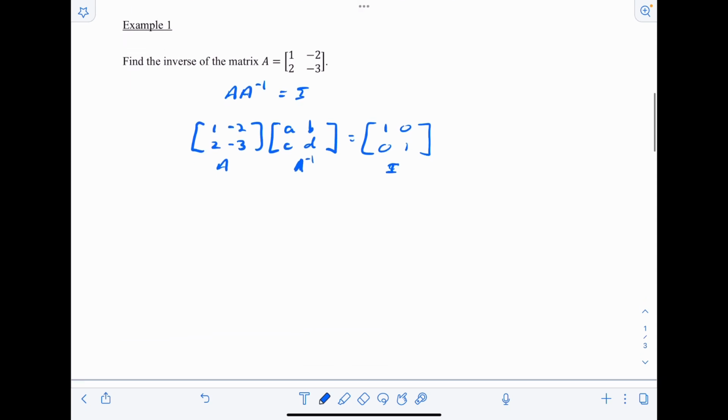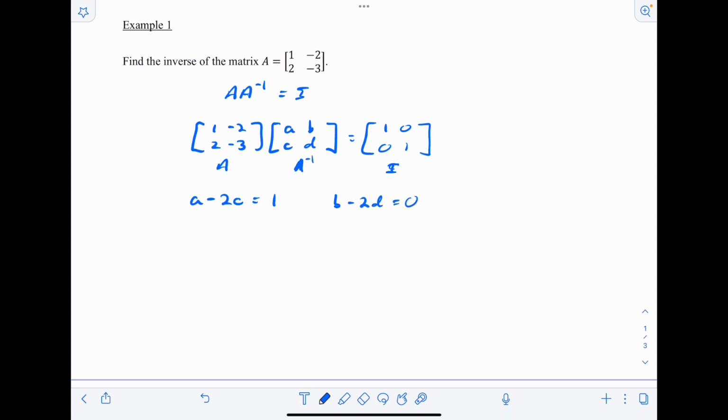If I multiply out the two matrices on the left side, I get a minus 2c equals the first entry in the right side matrix, which is 1. Likewise, the first row and the second column: 1 times b and -2 times d equals 0.